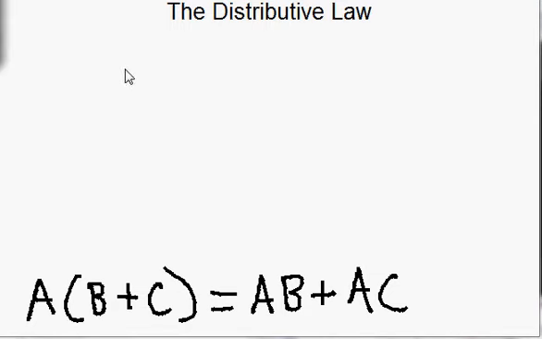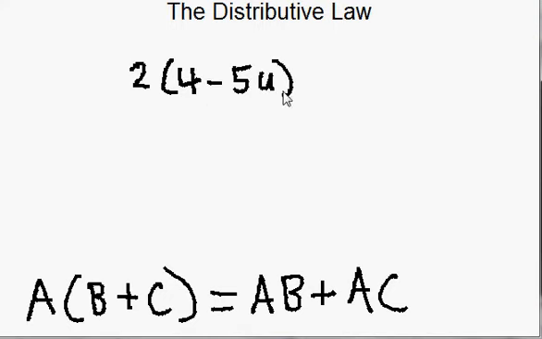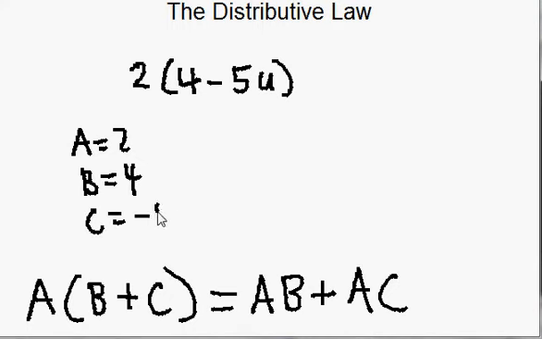So suppose that I have 2 times 4 minus 5u. So what would a, b, and c be in this case? Well, in this case I have a equals 2, b is equal to 4, and c is equal to negative 5u.